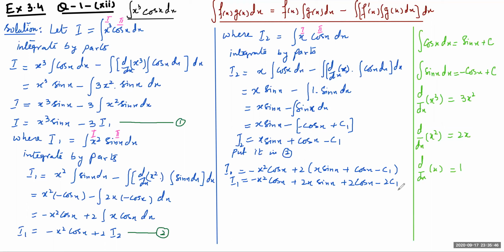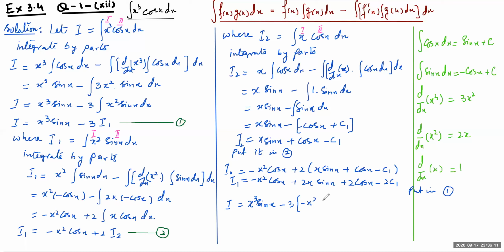Now what? Put this result in result number 1. So what you will get? You will get I is equal to, this is result number 1, it is equal to x cube sin x minus 3 into I1. So this is the value of I1.